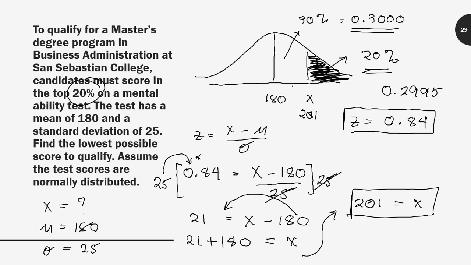Yung 0.84 mga anak, nakuha natin siya doon sa table po. Okay, explain ko lang po. Di ba doon sa table natin, pasensya na po kung hindi ko mapakita yung table. Sa table natin, may makikita kayo dyang Z. And then dito sa baba, merong 0.0, 0.1, 0.2, 0.3.